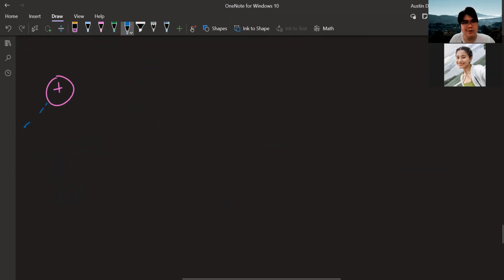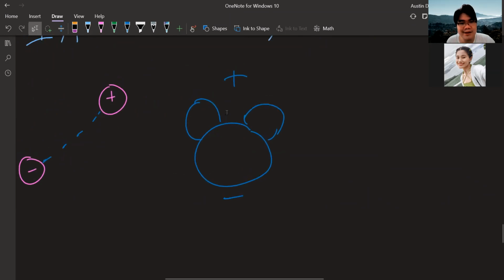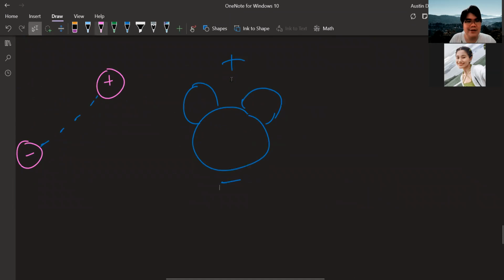Katulad ng H2O, meron kang something like Mickey Mouse, di ba? Yung isang side mas positive, isang side mas negative. Hindi ko alam kung tama yung ano ko, no? Na this side is more positive. Tama, di ba? Kasi hydrogen to, di ba?